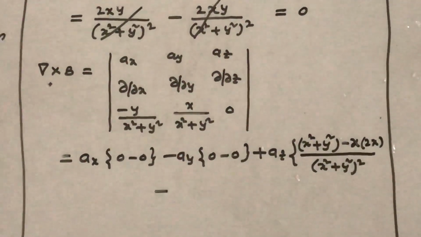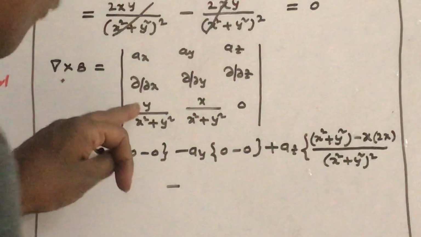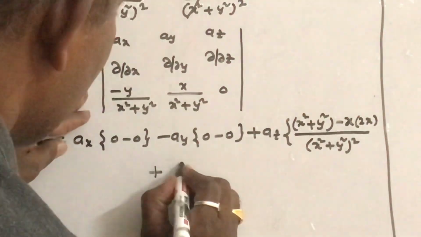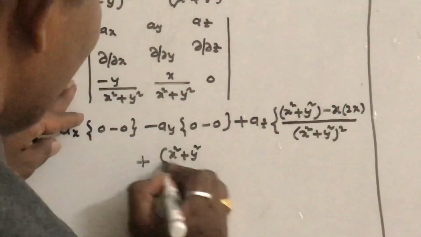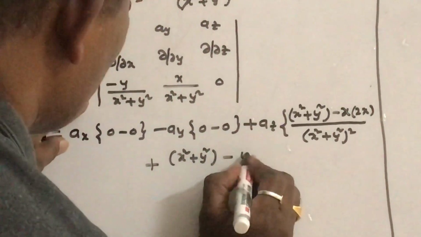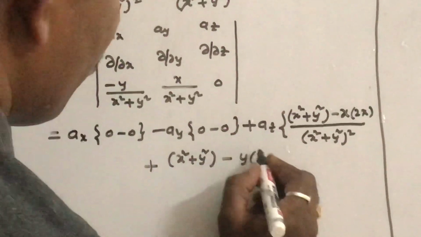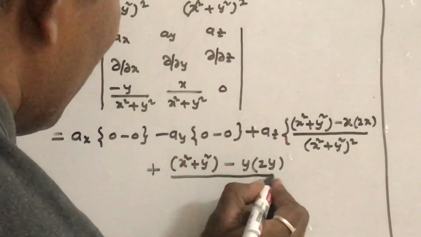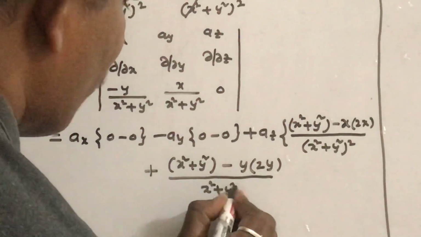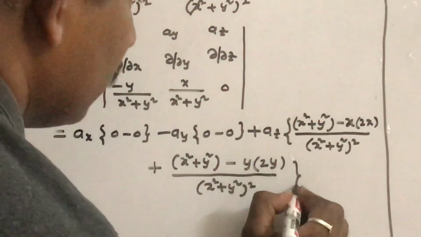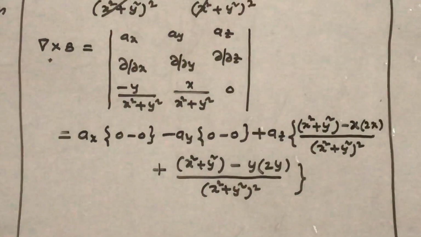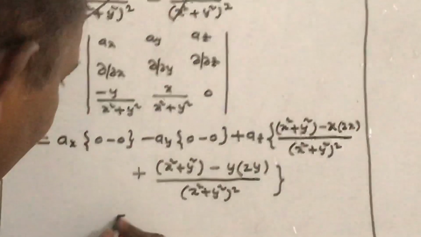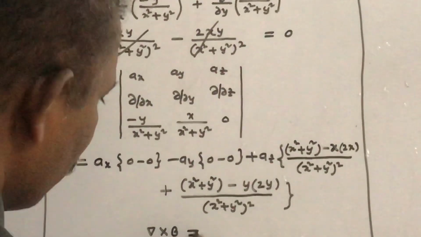Minus dou by dou y of this, minus into minus is plus. So what is the differentiation of this term? x square plus y square into differentiation of y, which is 1, minus y into differentiation of x square plus y square, which is 2y, by x square plus y square whole square. You can see clearly that the Az term is not 0. Therefore del cross B is not equal to 0.